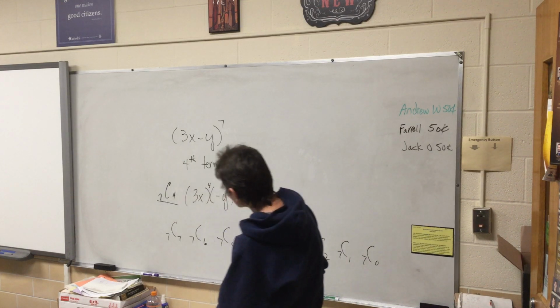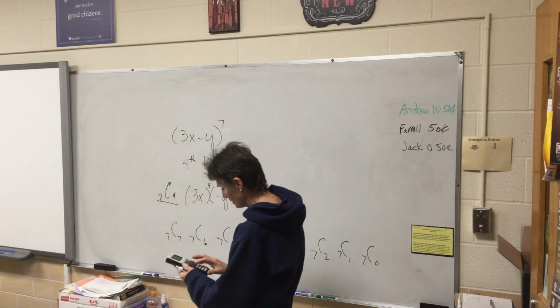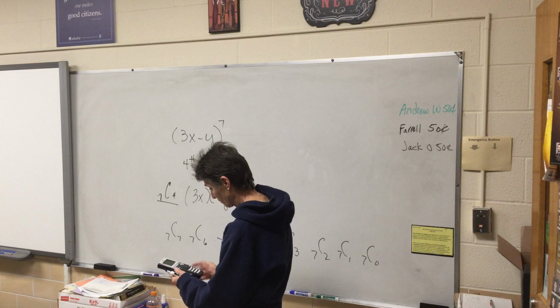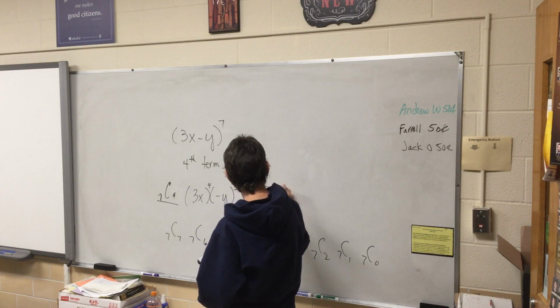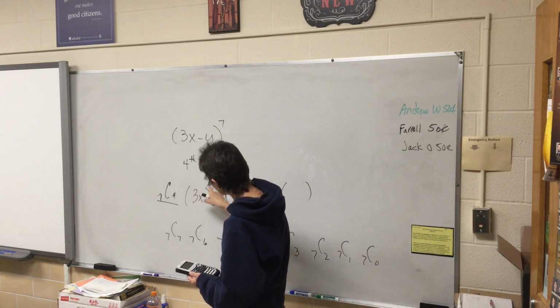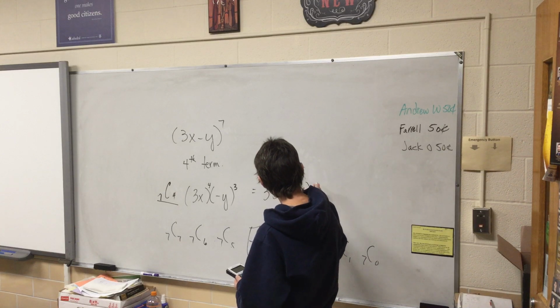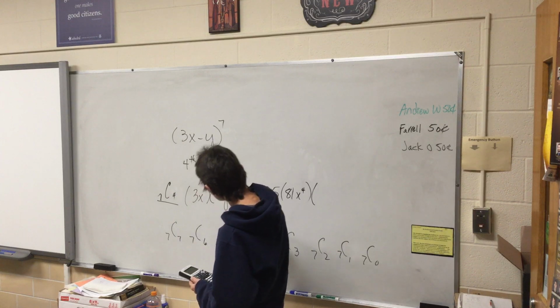Oh my gosh, people, we have to simplify it. So I have to figure out what 7C4 is. I'll let my calculator do that. So that's 35. And then I have to raise this whole thing to the fourth power. So that's going to be 81. And then I have to raise this whole thing to the third.